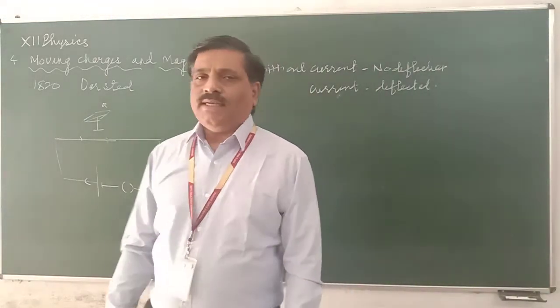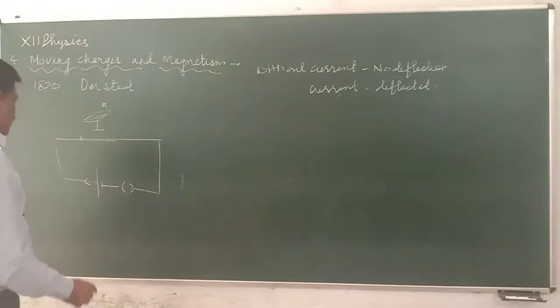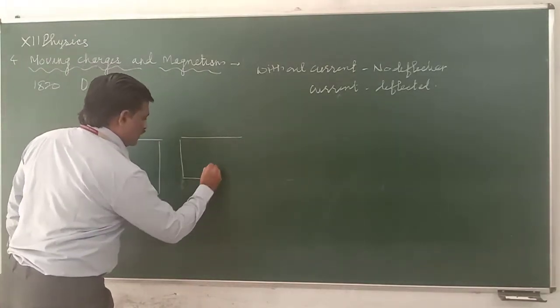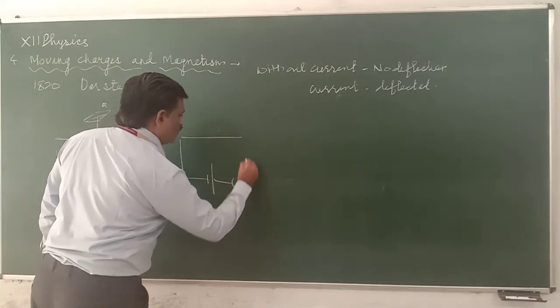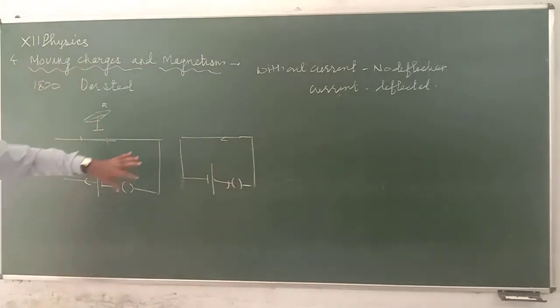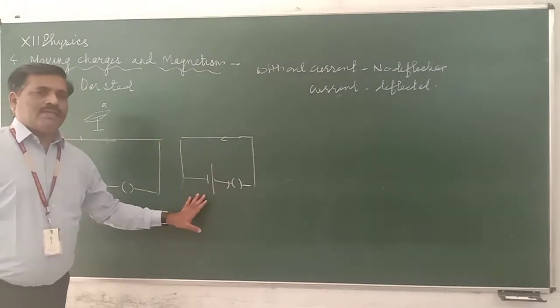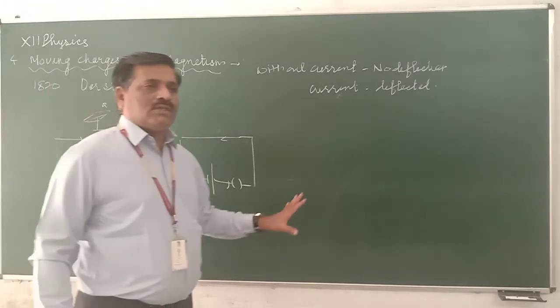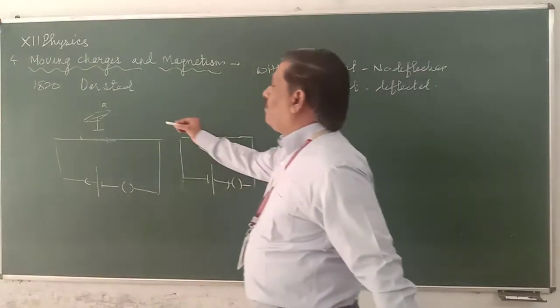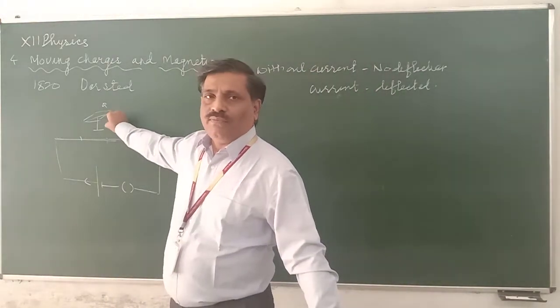Now, what he did was reverse the direction of current. Whatever battery was connected, its direction of current was reversed. Current is going in this direction. When the direction of current was reversed, there was a reversal in deflection of the magnetic needle also.